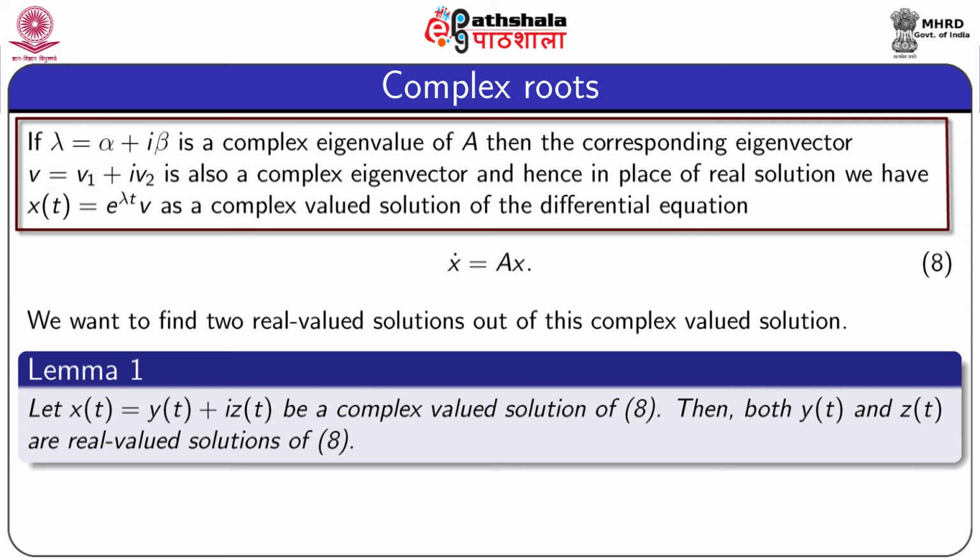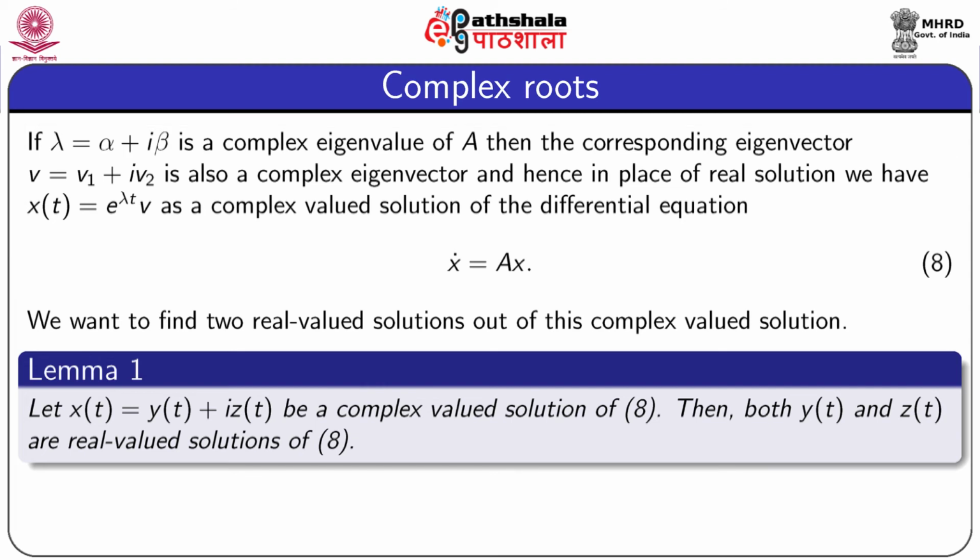And hence, in place of the real solution, we now have a solution of the form x(t) is equal to e to the power lambda t into V as a complex valued solution of the differential equation x dot, which is dx/dt is equal to Ax, given by equation 8.